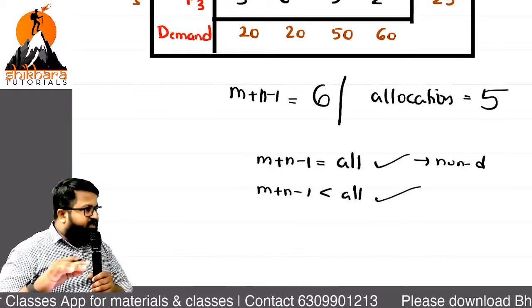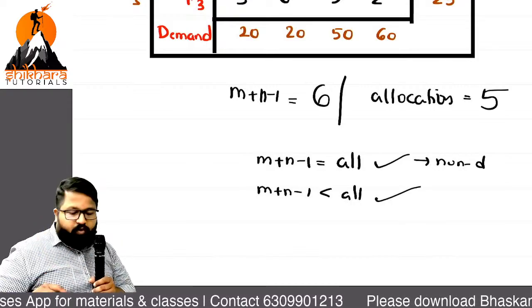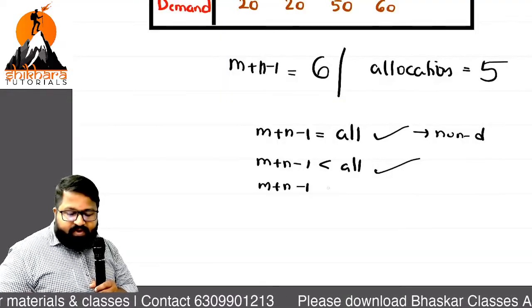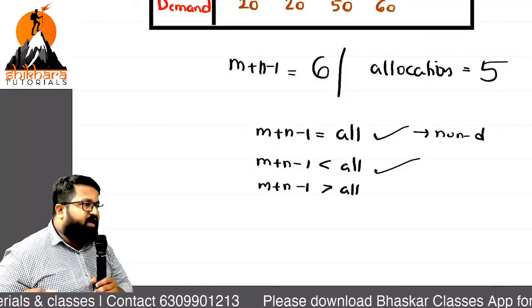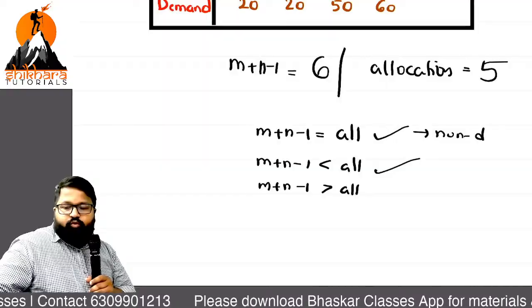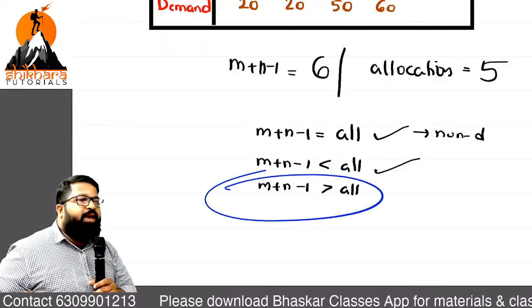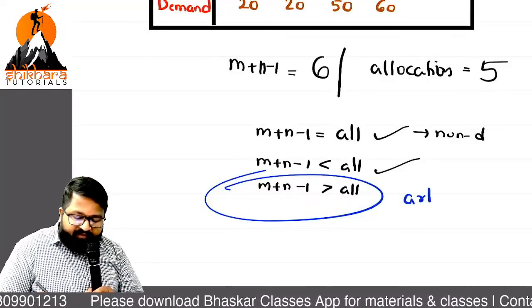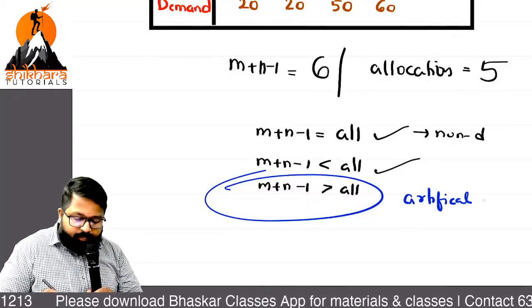Even if it is non-degeneracy, it is fine. And when m plus n minus 1 is less than the number of allocations, what should we do? We have to make an artificial allocation.